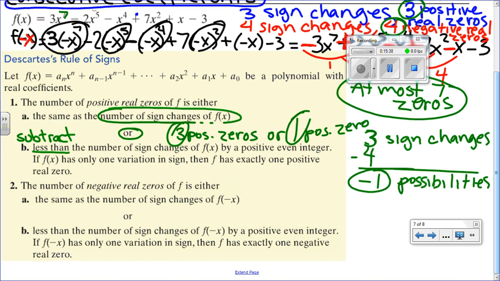So for our negative case, we had a total of 4 sign changes.